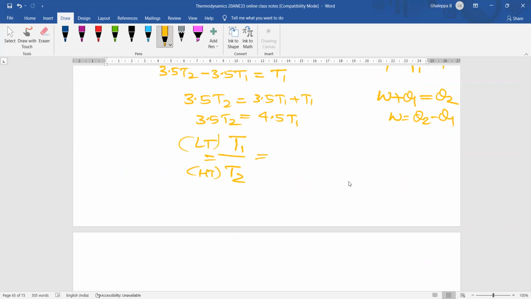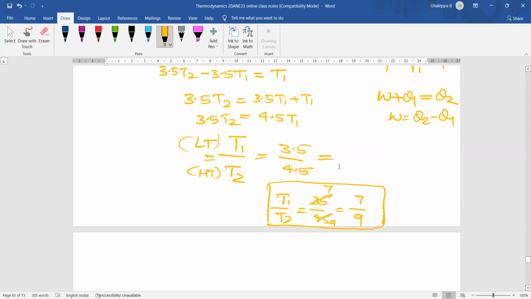T1 by T2 is equal to 3.5 divided by 4.5. So this is the ratio. You will get maybe 0.77 something, or you can put 35 by 45. 5 sevens are 35, 5 nines are 45. So 7 by 9 is the ratio of low temperature to high temperature.